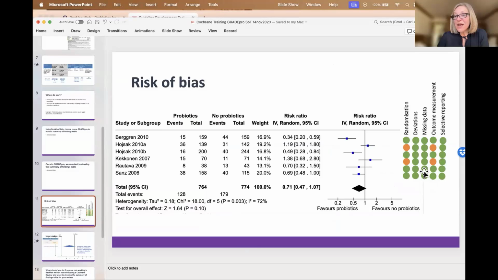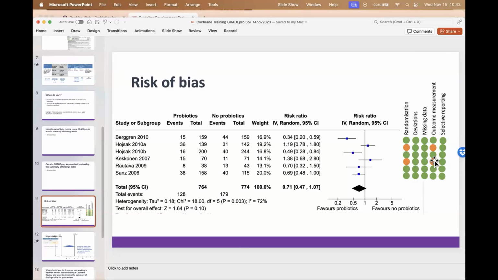And actually, there are some other software that do create these traffic lights. Yes, exactly. There are multiple pieces of software that can do that for you. And Dario, if you have access to some of that, even the risk of bias tool website. I will provide that. Okay, so you can move on.